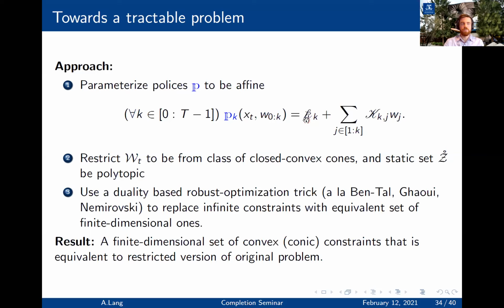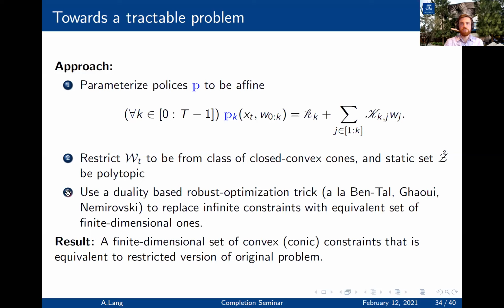That leads to finite dimensional decision variables, where our decision variables, instead of being arbitrary feedback policies, become these parameters K. The second step that we take is to restrict the preview sets to be from a class of closed convex cones, and restrict the static set that we use in the approach to be polytopic.